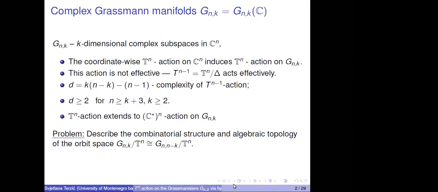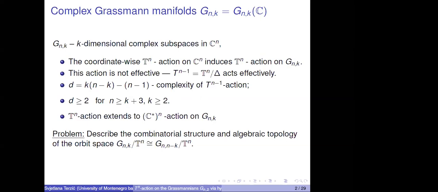In this case, we have that this complexity is greater than or equal to 2 whenever k is greater than or equal to 2 and n is greater than or equal to k+3. So in particular, when k equals 2 and n is greater than or equal to 5, we obtain that the action is of complexity greater than or equal to 2.